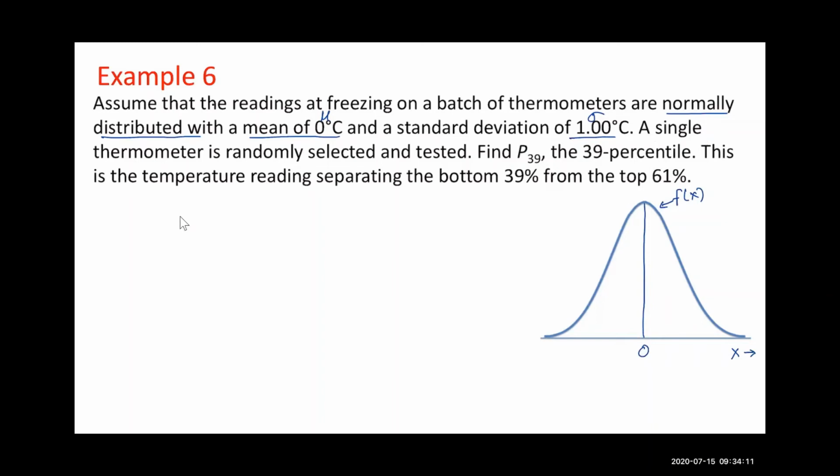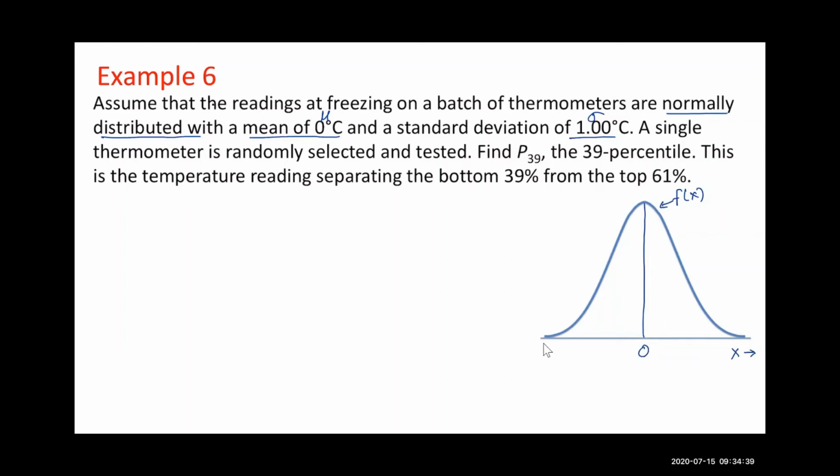Now, a single thermometer is randomly selected and tested. So out of all thermometers in the batch, one thermometer is selected and tested. We have to find P39, which means the 39th percentile. So what value along this x-axis is the 39th percentile?